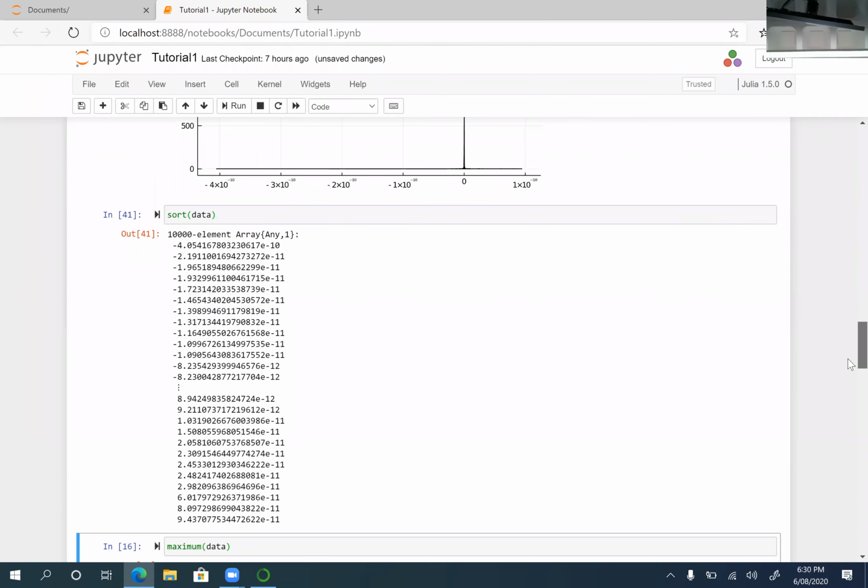Now, the very least one is still of the order 10 to the minus 10, so it's fairly small in size. And it's negative, so minus 4.05, etc., times 10 to the minus 10. So that's the least element of data. And the greatest element of data is 9.437, etc., times 10 to the minus 11. Also pretty small. Okay, good.